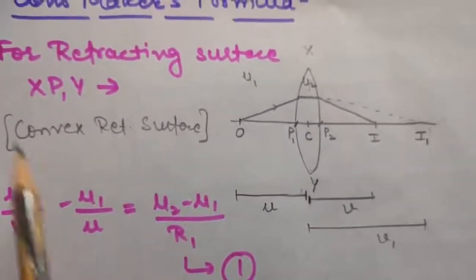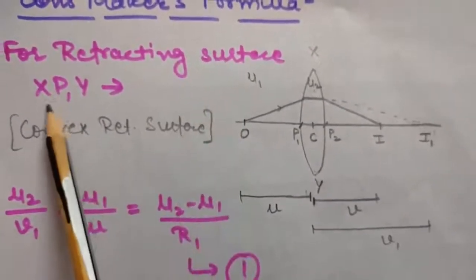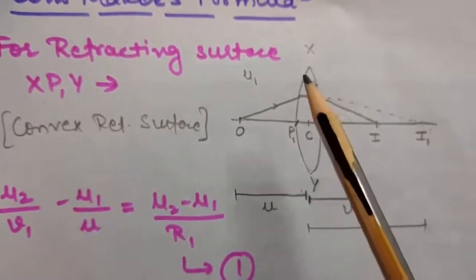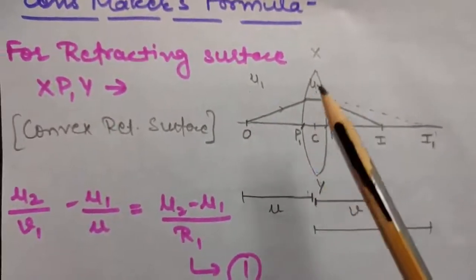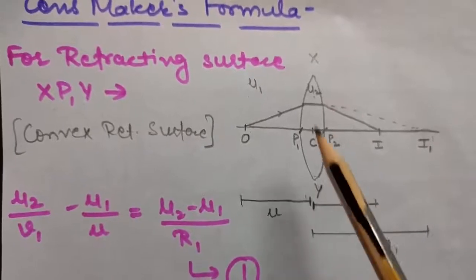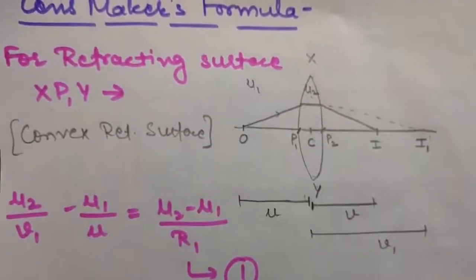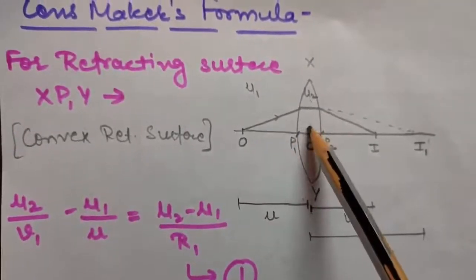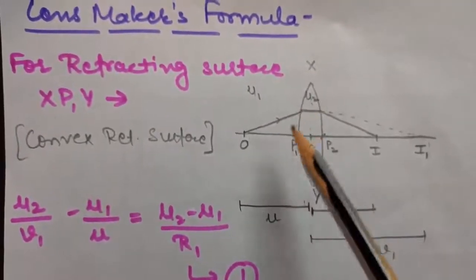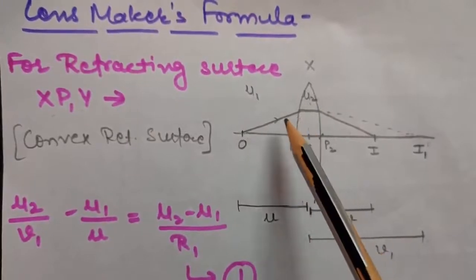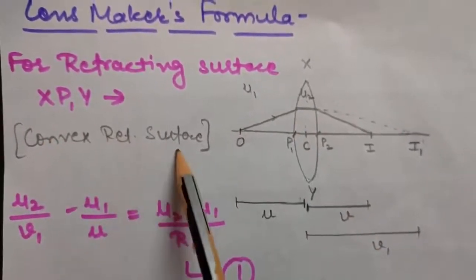First I am taking the refracting surface xp1y, that is this surface. Can you tell me which surface is this? See, this side is rarer and this side is denser. That means this is rarer towards convex side. So this is a convex refracting surface.